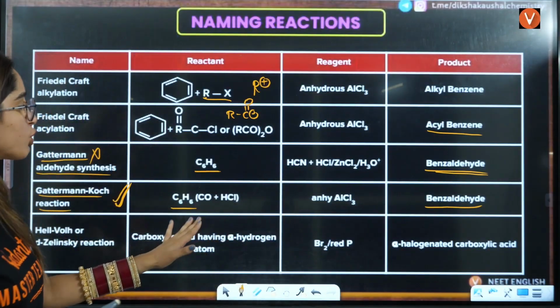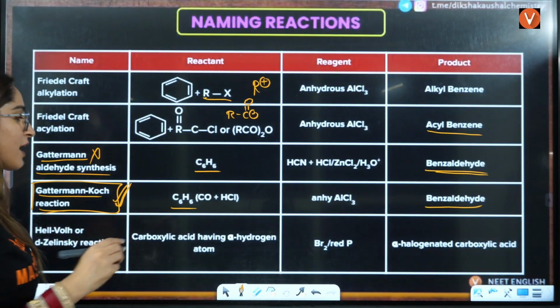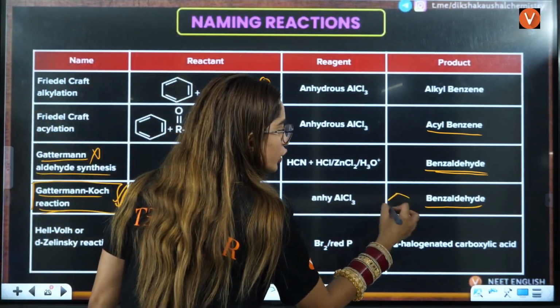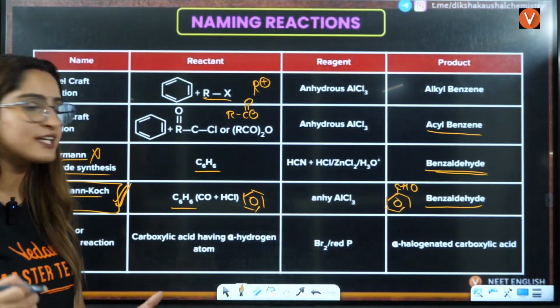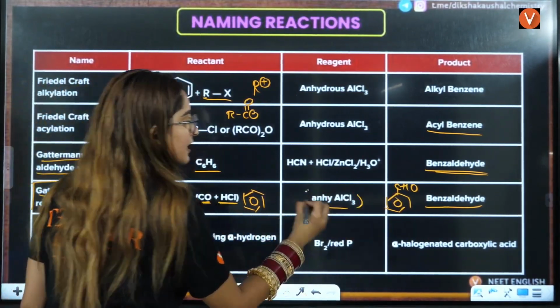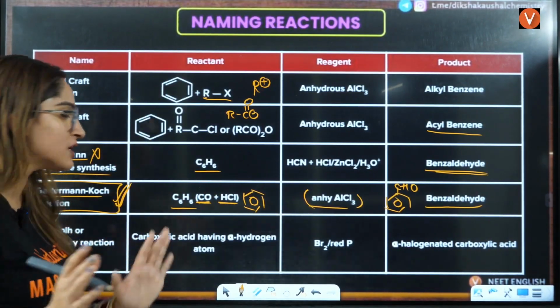But directly also you should know this is called the Gattermann-Koch reaction, which is a very, very important reaction. When you have benzene, that is directly converted to benzaldehyde, same thing, but here the reagents are CO, HCl and anhydrous AlCl3, right? That is quite similar to Friedel-Crafts acylation, right?